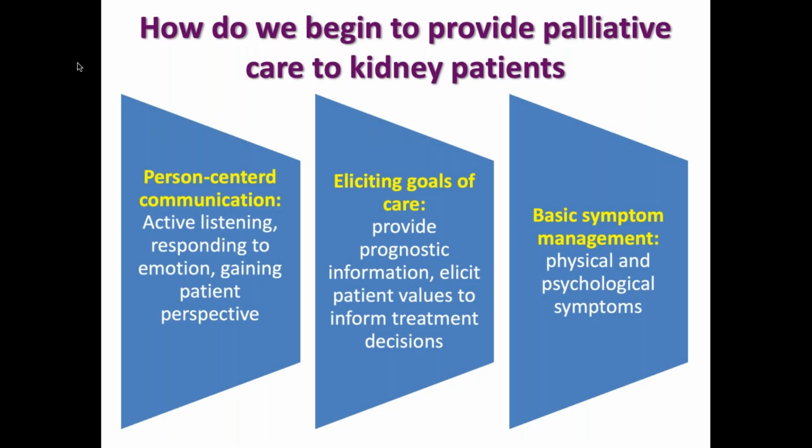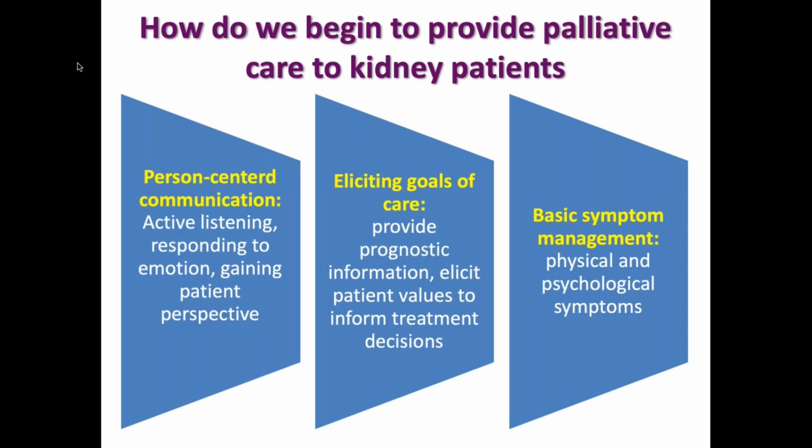Active listening means that we need to encourage the patient to say his or her piece, and we need to provide them cues so that they feel encouraged in sharing whatever they think with us. We should respond to their emotions, and we should gain their perspective to the best of our ability as to what exactly is the goal of the patient from receiving renal replacement therapy.